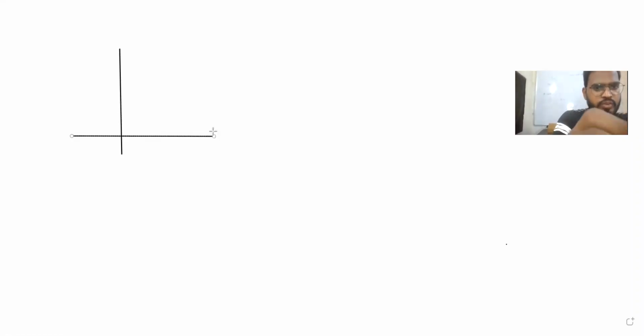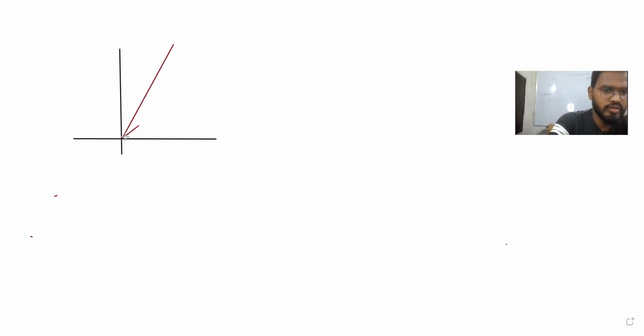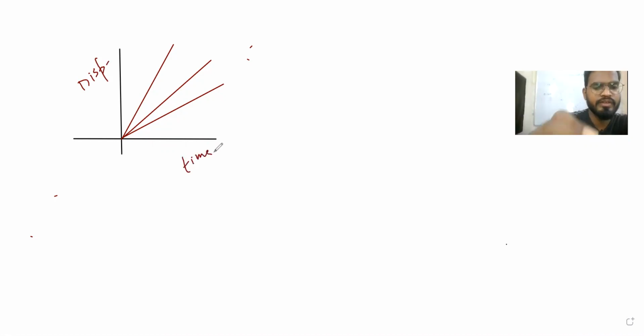Let's see our numerical. The first question here is, suppose a displacement time graph is given for A, B and C. The question is to find the velocities and comment on which velocity is highest.